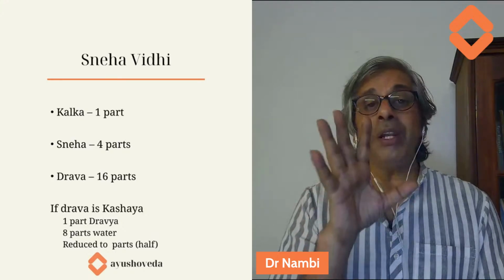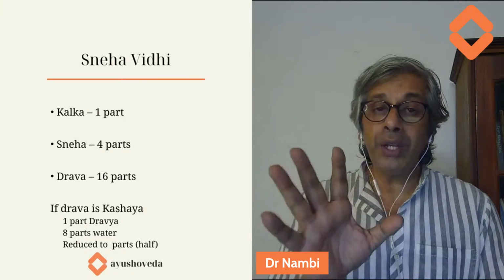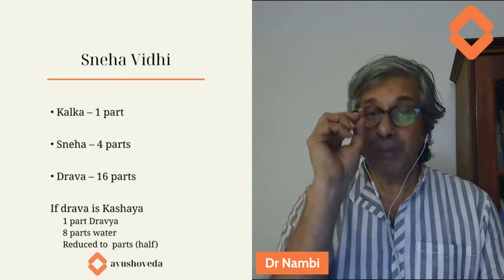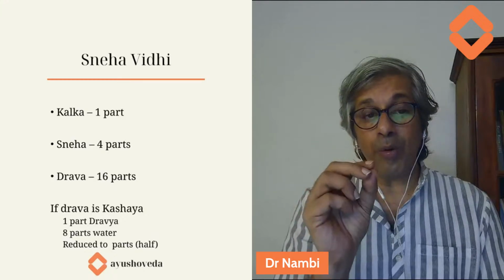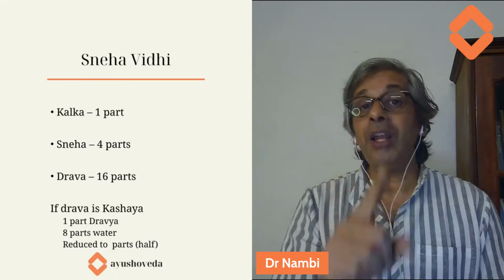For example, if you are making bala taila, bala is Sida cordifolia. The bala fine paste or bala powder should be one part, and then you should have oil, four parts.